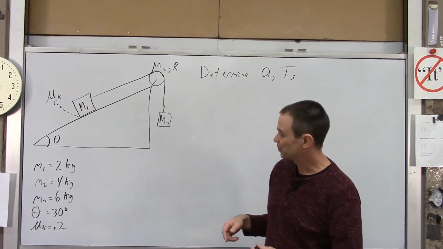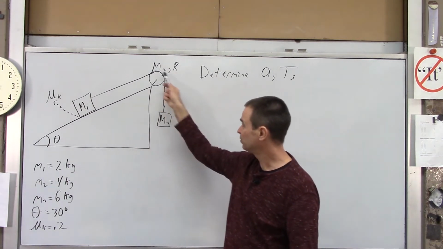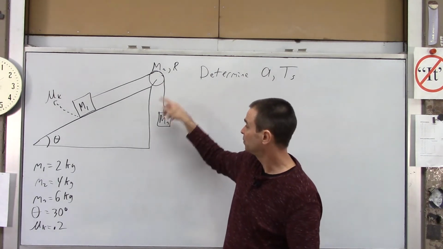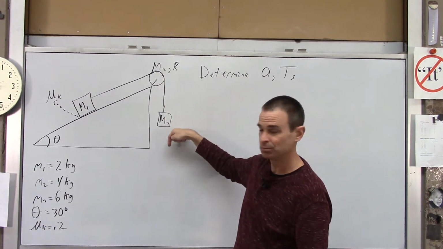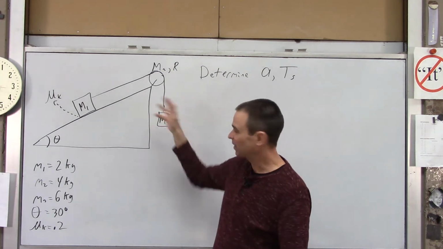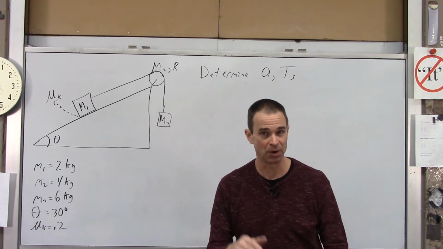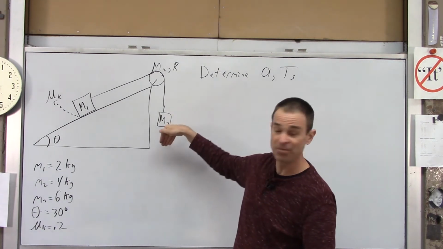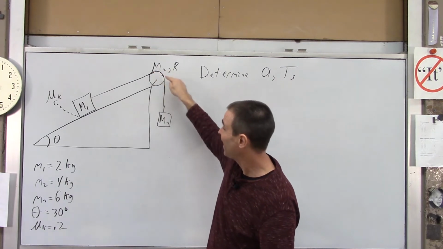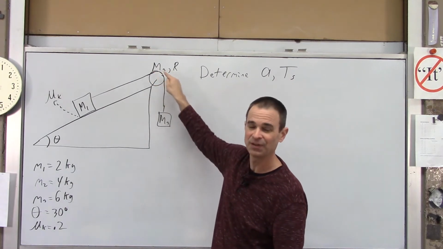Okay. Now, a quick note. Even though there's only one string here, there's going to be two tensions, because M3 is accelerating down, and I'm making that assumption right now. If we found acceleration to be negative, we're making a wrong guess. But if M3 is accelerating down, then this pulley has to have an angular acceleration clockwise.